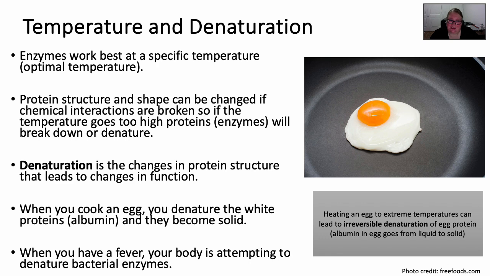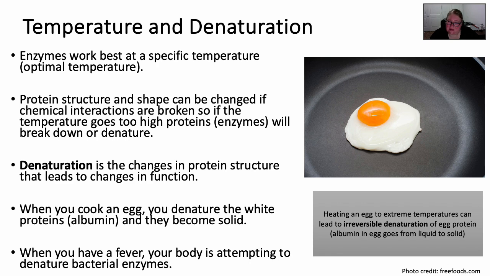We can change the temperature. If we increase the temperature, we can break the bonds and reshape the protein. This is what we call denaturation, where changes in the protein structure lead to changes in function. If we break the bonds and change the shape, a lot of times this is irreversible, meaning that we can't go back to our original shape.